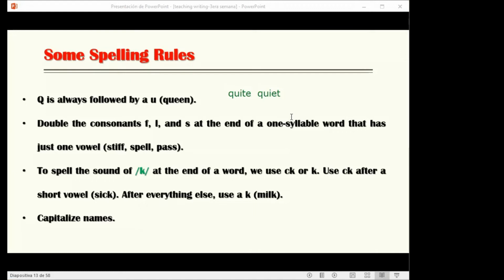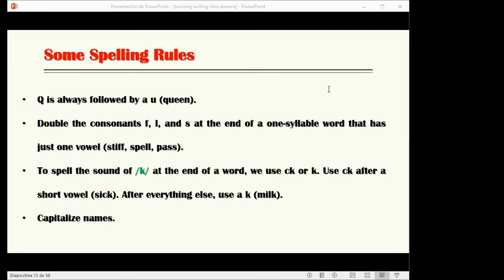Yeah, the difference is that the first one is an intensifier, it's an adverb. And the second one is mostly an adjective. So don't forget, and here we have homophones. And both are with a Q-U. So Q is always followed by a U letter.